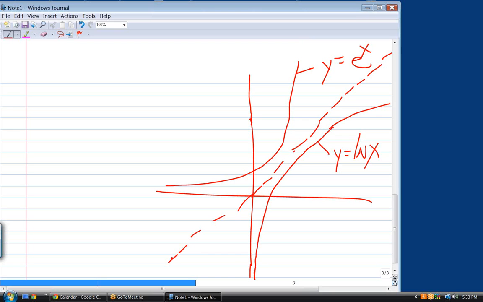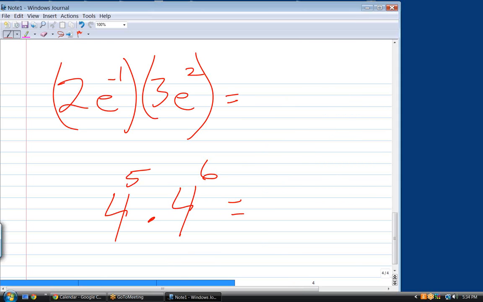No. Let me give you an example. 4 to the 5th times 4 to the 6th. What would I do? You would simplify the exponent and multiply them. You would add the exponents. In other words, that's equal to 4 to the 11th. If I am multiplying same base, different exponent, I add the exponents.